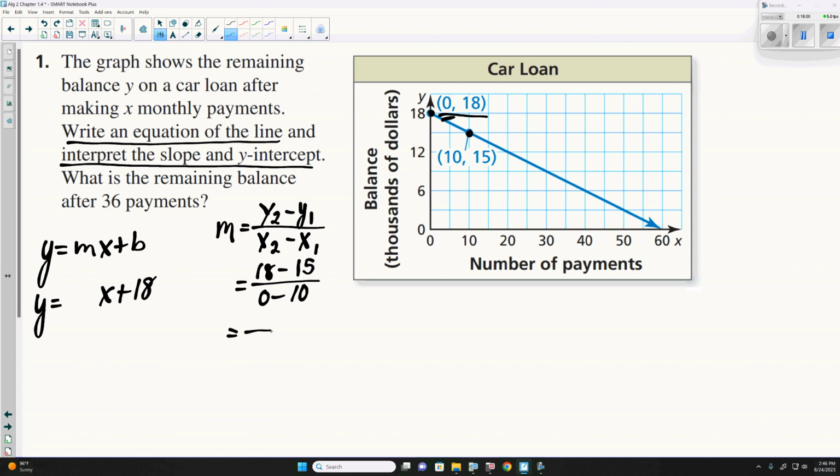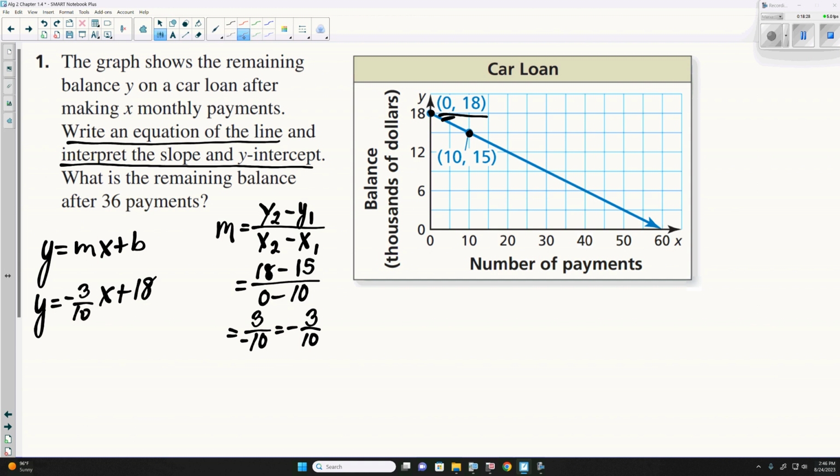Now we just need to simplify. 18 minus 15 is? 0 minus 10. Which is bigger, 0 or 10? And if we subtract it? So our slope is negative 3/10.